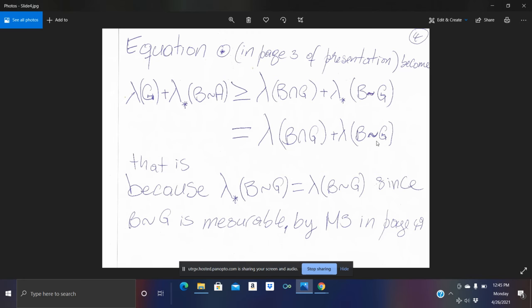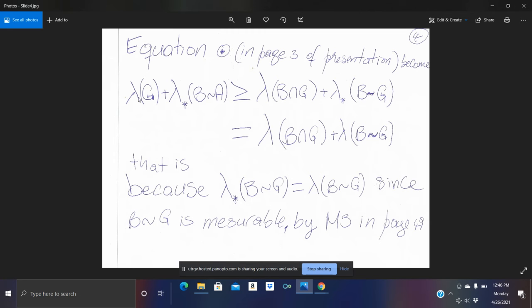So in that case, we need to find out if B minus G is measurable. If B minus G is measurable, instead of writing the inner measure of B minus G, we write just the Lebesgue measure of B minus G. We say that B minus G is measurable because it was given from the problem description that B is measurable.